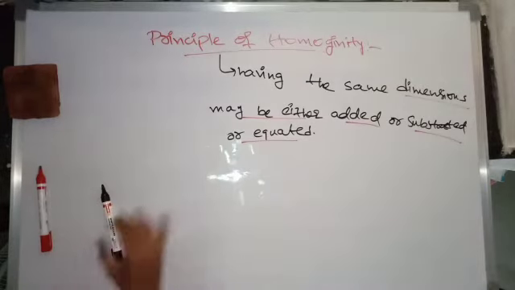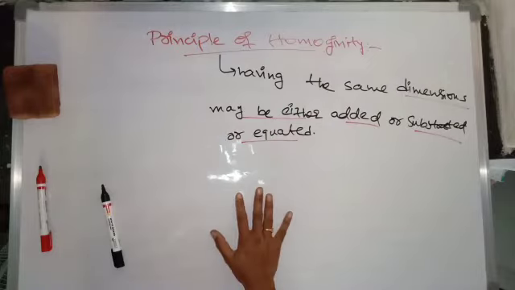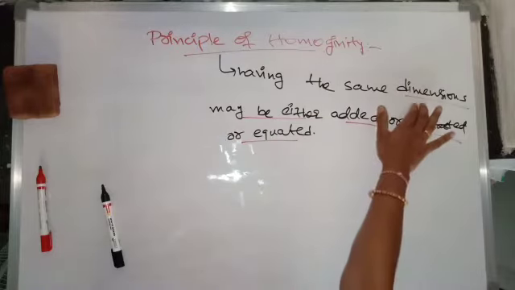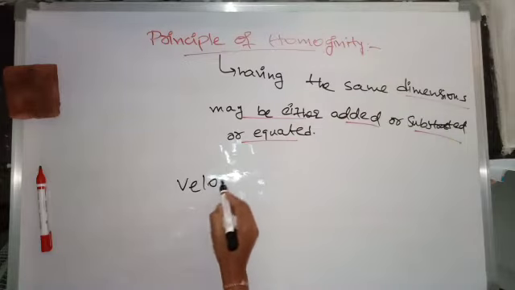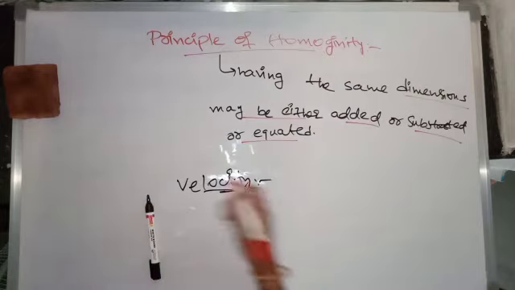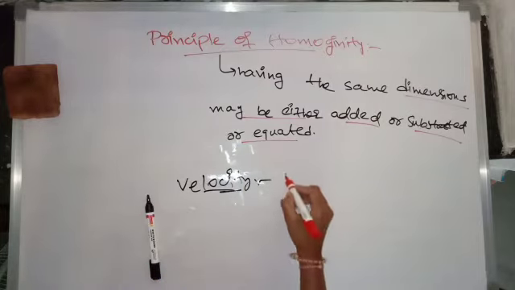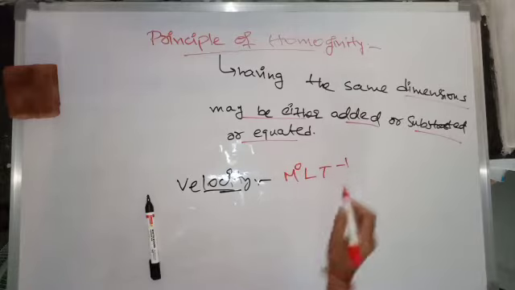So I explained the dimensional formula. Then what about dimensions? For velocity, what is the expression for the dimensional formula? We get M power 0 L T power minus 1.